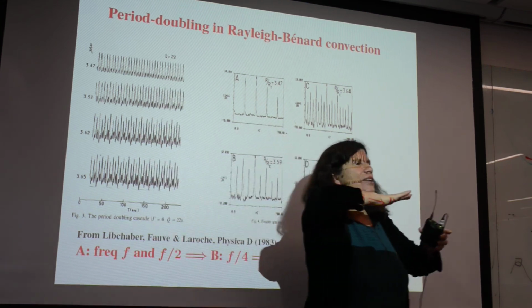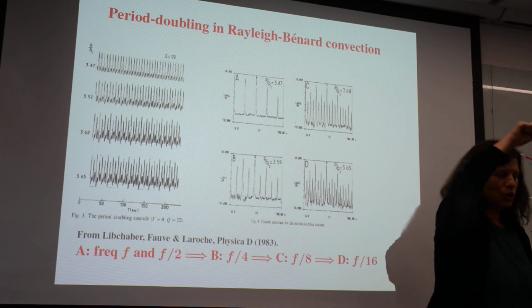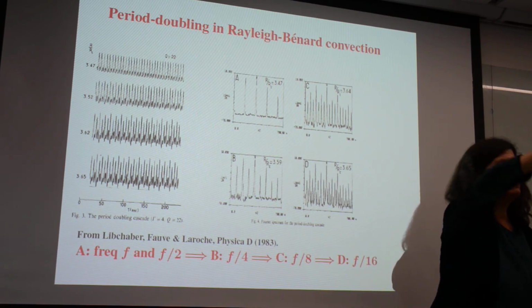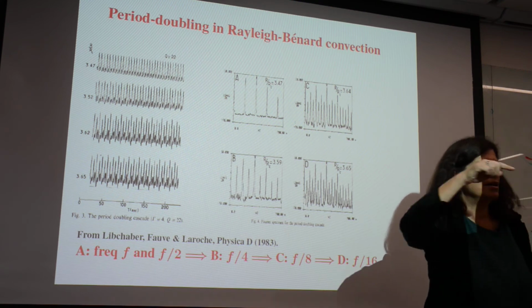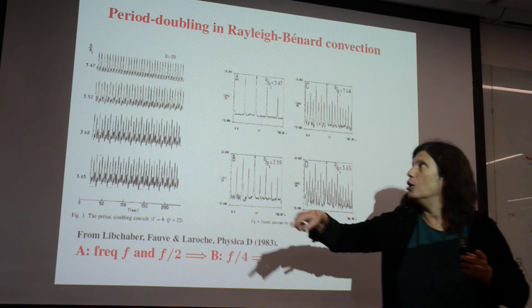And remember what we said, what is period doubling in a continuous system? You had a limit cycle and you were piercing, piercing, piercing, and you go to a situation where it goes piercing, piercing, piercing, piercing, piercing, piercing. So you have 2 different kinds of pierce.